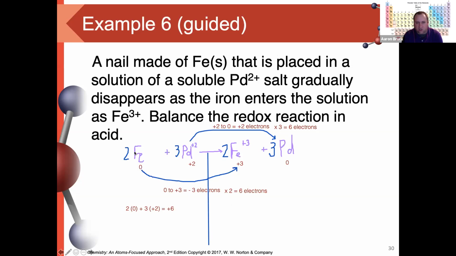So the total charge on the reactant side is +6. On the product side, I have 2 iron 3 pluses, so 2 times +3. I have 3 palladium zeros. So now I have 6 plus 0, so +6 over here as well.